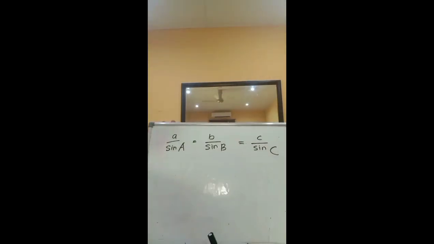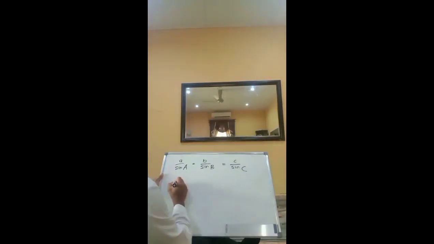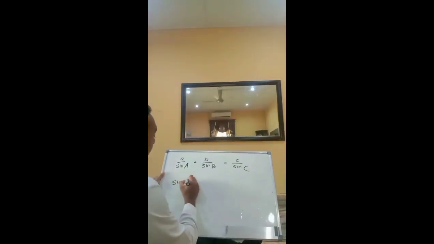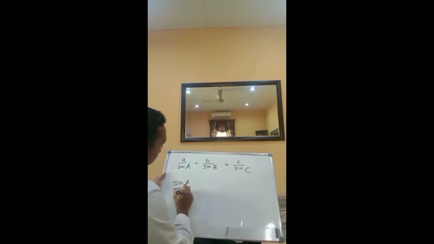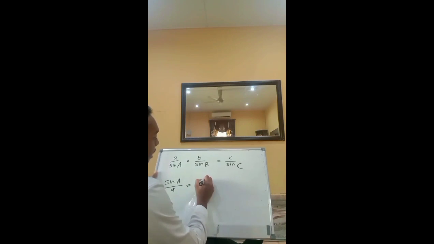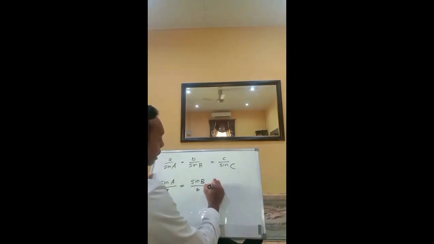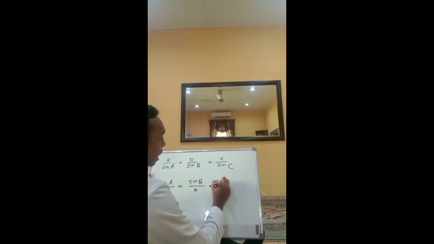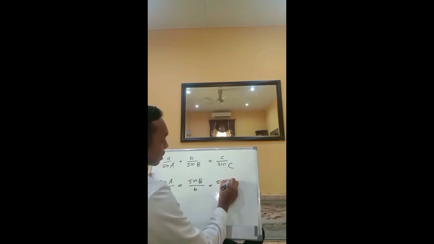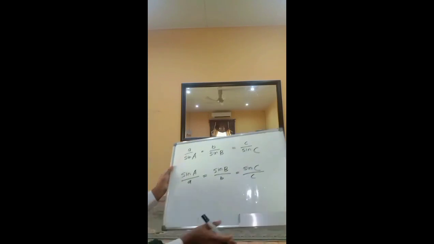If you want to find an angle, you can write this as sine A per a equals sine B per b equals sine C per c.